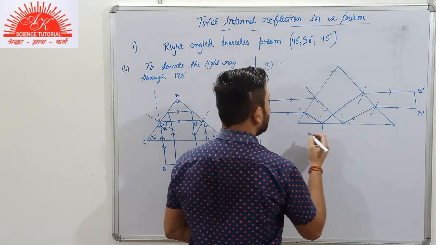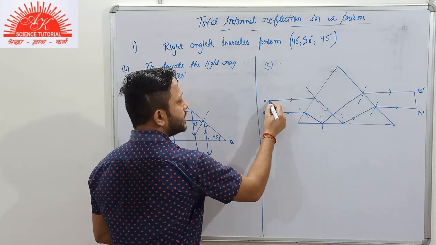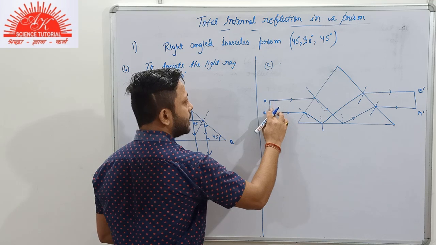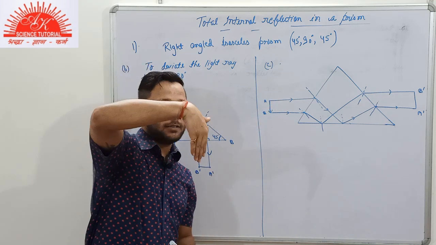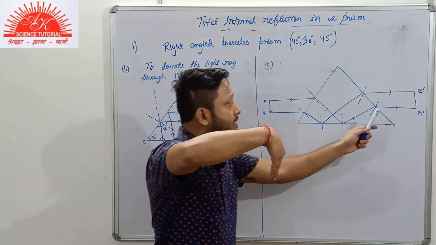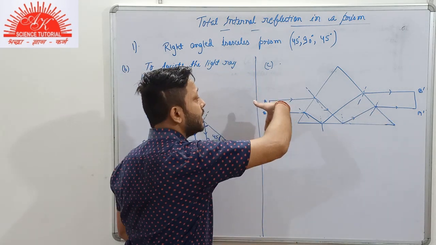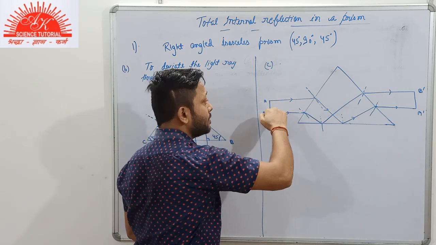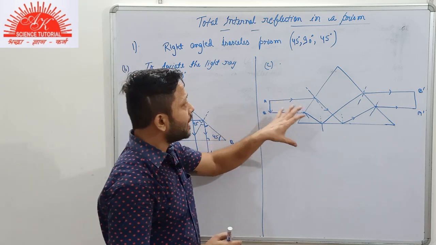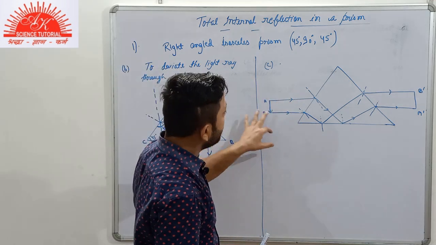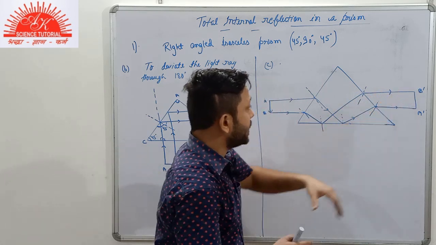Now what is the conclusion here? Suppose this object was inverted like this, and the image that is obtained here is inverted with respect to this object, so we can use this prism in this manner. By doing so we can erect the inverted image.